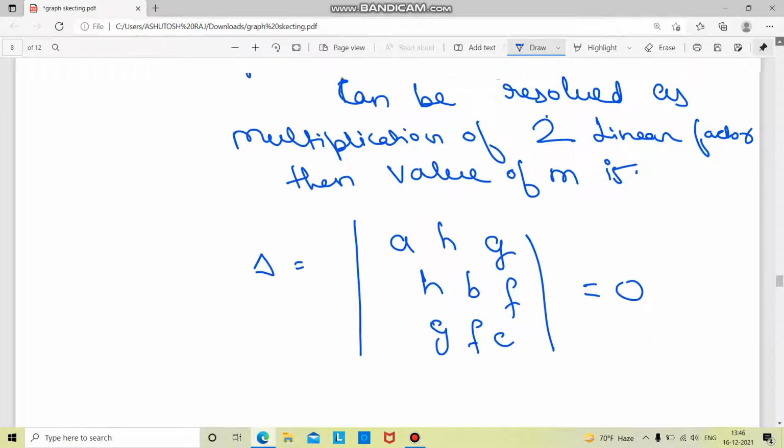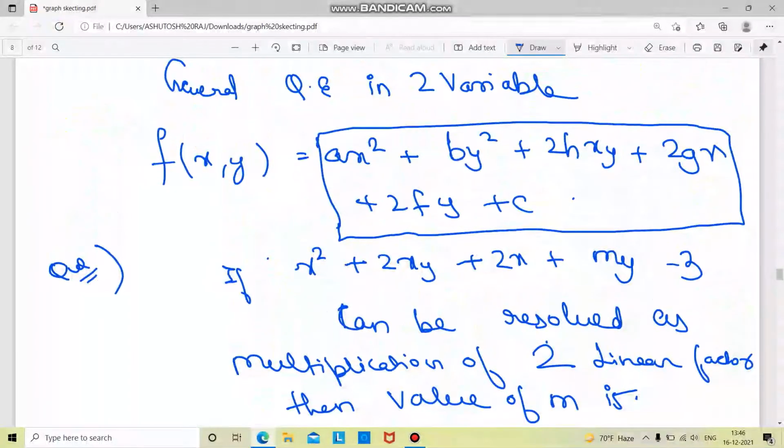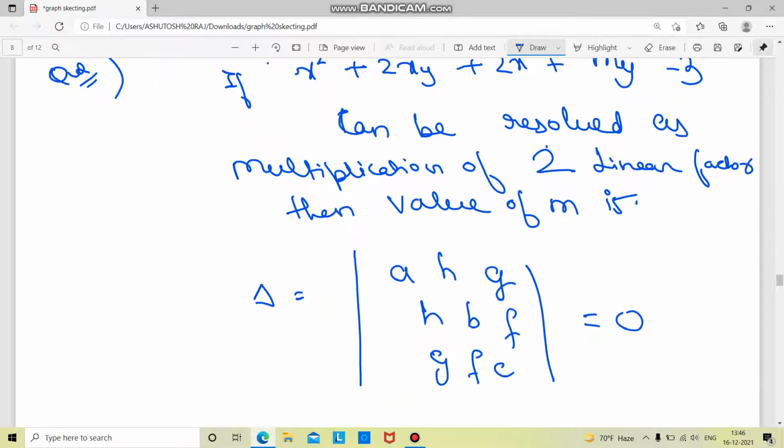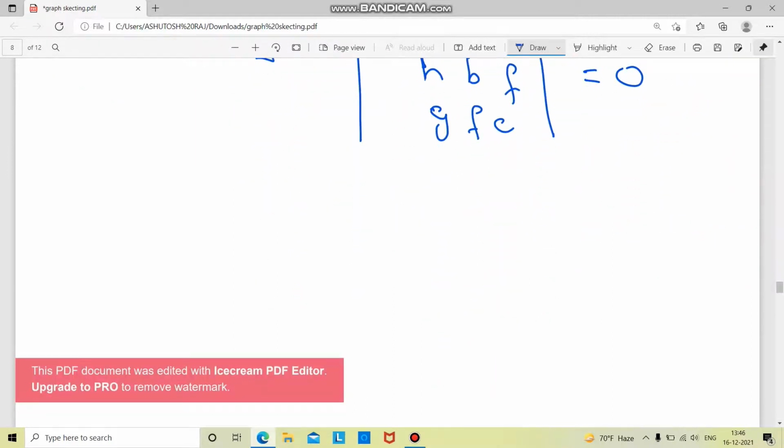And we will put the values by comparing these two equations and we will get the value of m. By solving it, we will get minus 2 and 6 as the values of m. You can solve it. It is very easy. Let's proceed further.